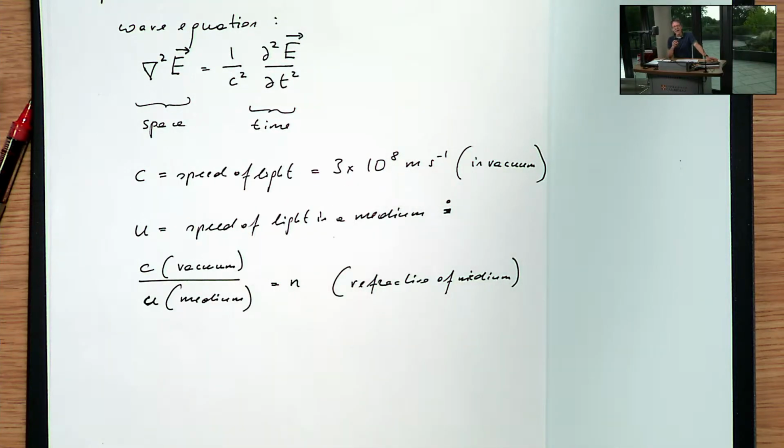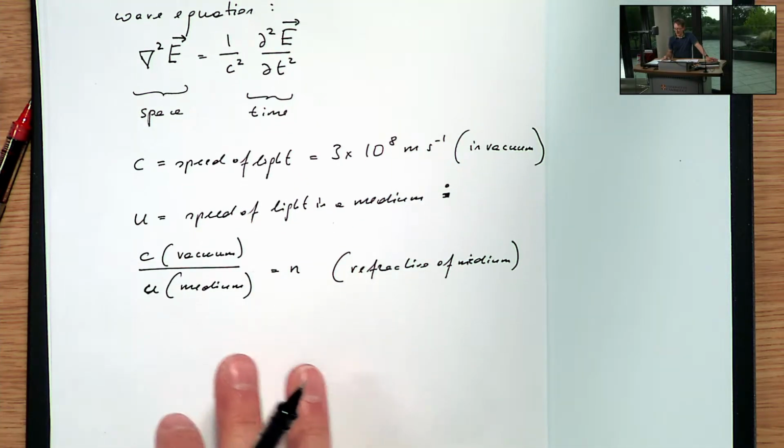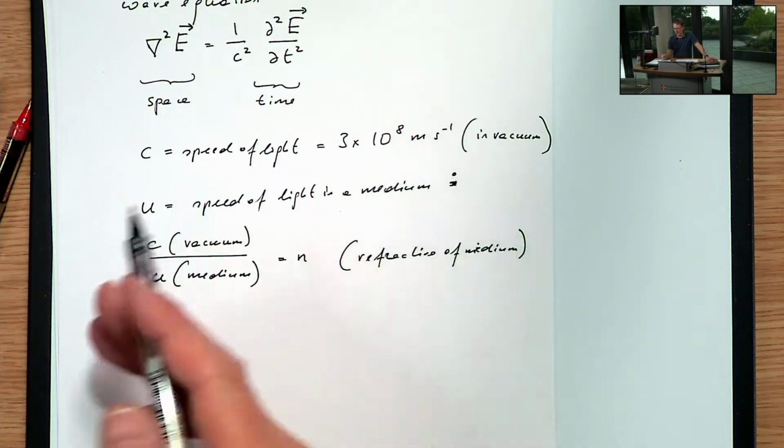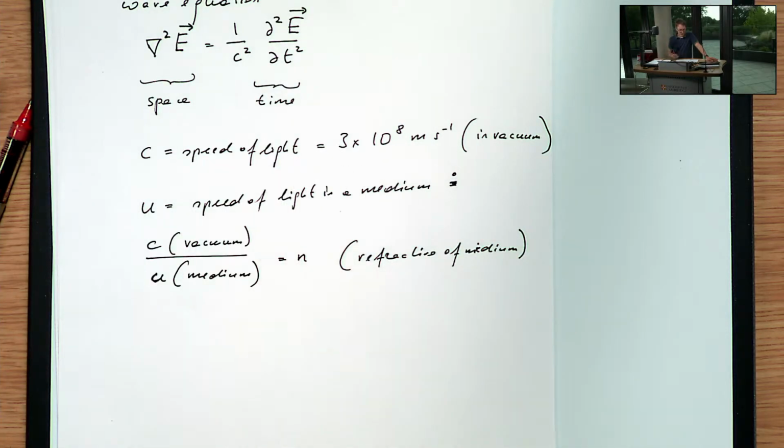In fact, in air, the refractive index is so close to 1 that we just say it's equivalent to the speed in the vacuum, right?